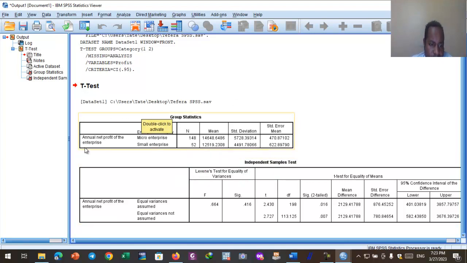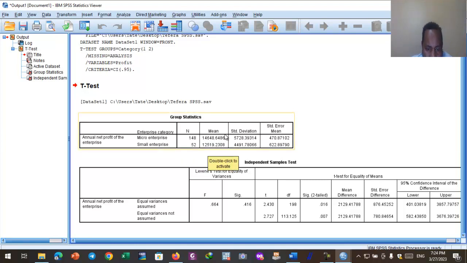Here in the group statistics, we have the micro and the small enterprise, the enterprise category, and the total number of enterprises considered in the study. The micro enterprises are 148, and the small enterprises are 52 in number.